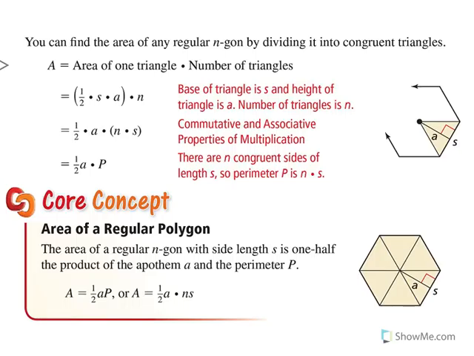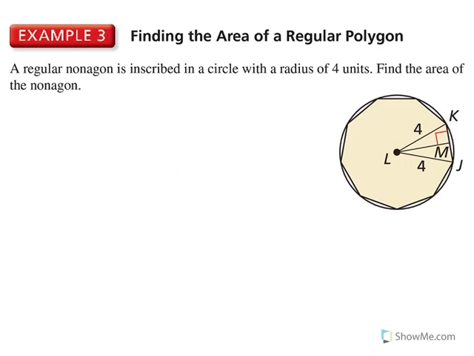The little a stands for apothem, so it has apothem a times the perimeter P. It also clarifies that if you don't know the perimeter or don't want to add up all the sides, since it's a regular polygon, the number of sides times the length of that side would also be the perimeter. So you're going to use this formula, A equals 1/2 apothem times perimeter.